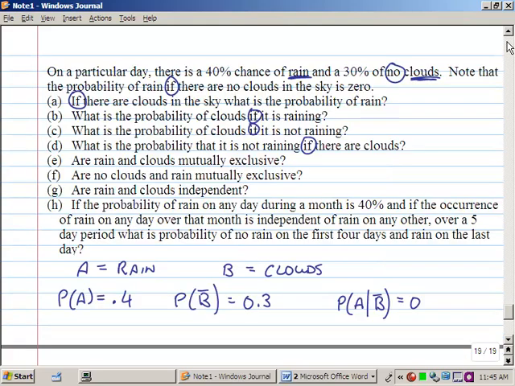Now let's have a look at these questions. Part A: if there are clouds in the sky, what's the probability of rain? So that's the probability of rain, A, if there are clouds in the sky, given B, is what we're looking for.